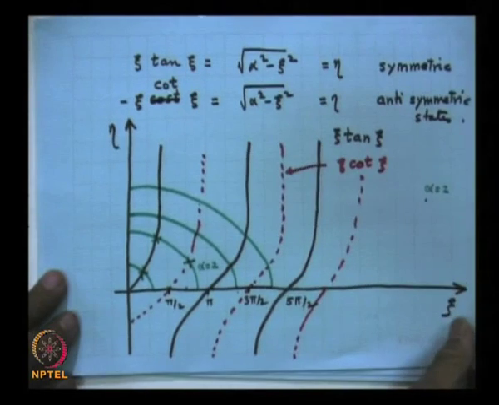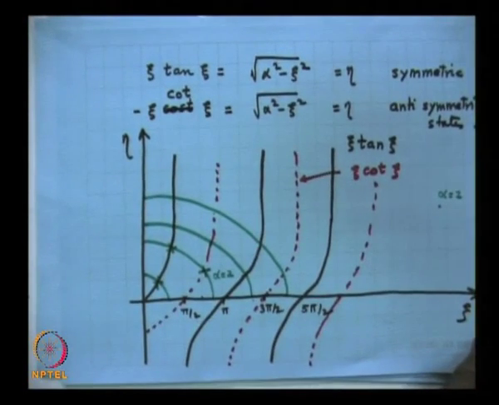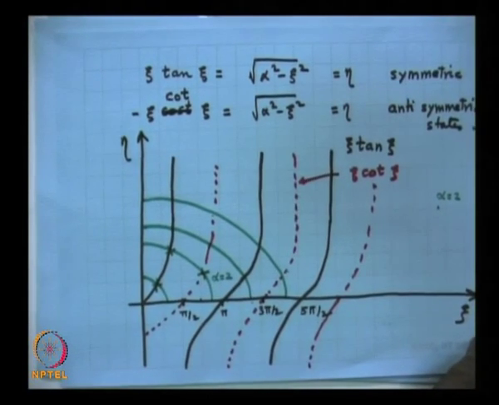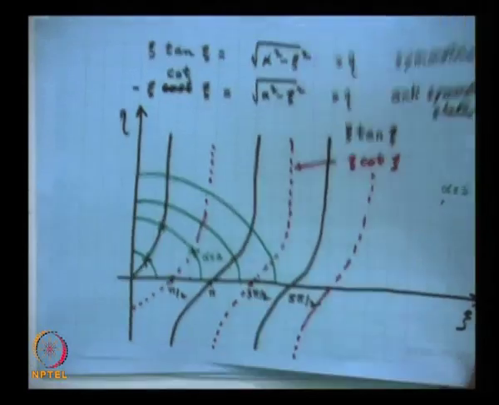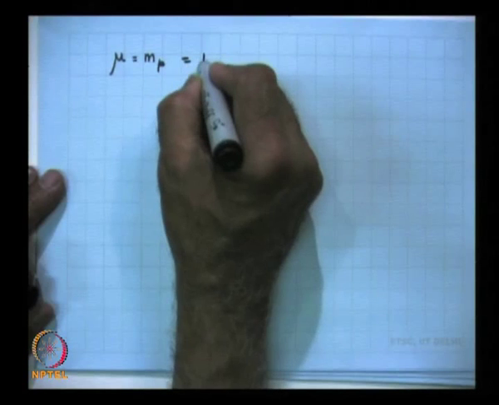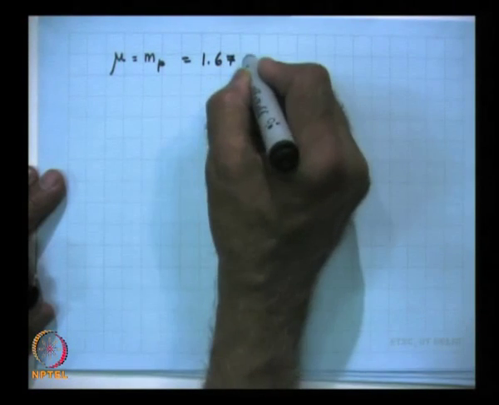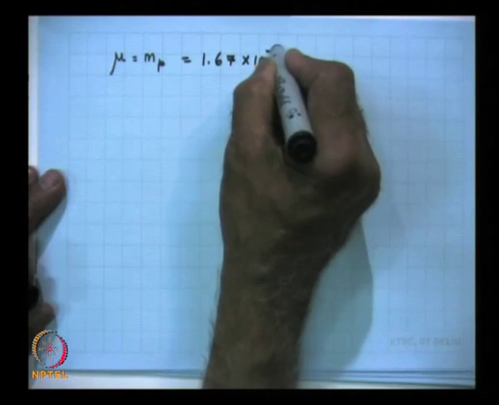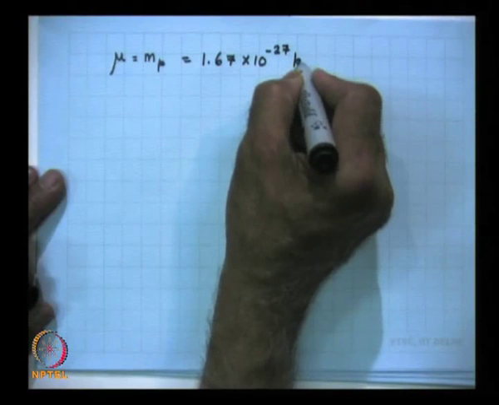So, let me consider a simple case, a proton in a potential. I assume that the mass of the particle is the proton mass, and the proton mass is about 1.67 into 10 to the power of minus 27 kg.